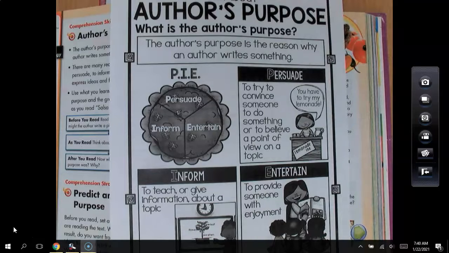It talked to us and taught us about how a penguin starts as an egg and how it grows up to be an adult. It gave us everything that baby chick went through. So that author was trying to teach us something about a penguin chick. So it was giving us information.